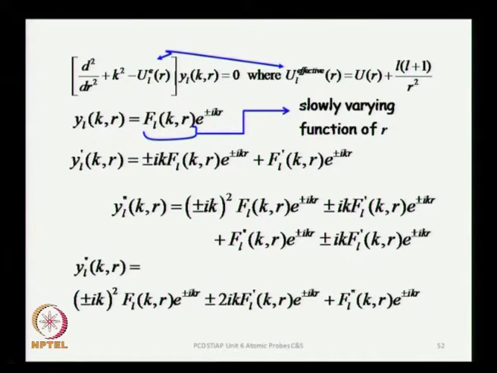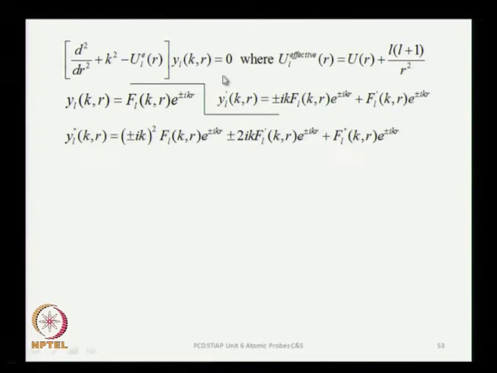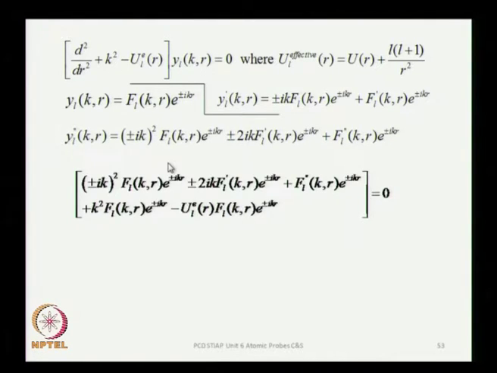So now you have the function y expressed in terms of f, you have y prime and you also have y double prime, and you can put all of them in this differential equation. So let us do that. This is the differential equation, you have y, y prime and y double prime, and when you put them all together you will discover that f must satisfy a differential equation in which you have put all of these terms.